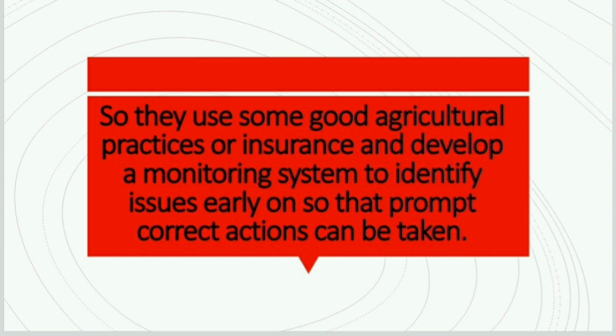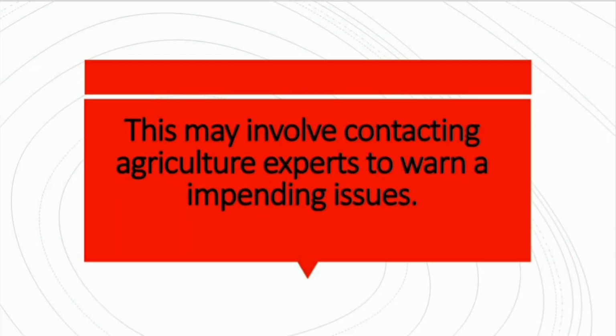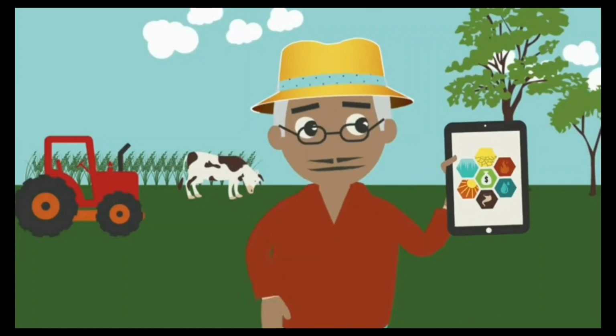So they use good agriculture practices or insurance and develop a monitoring system to identify issues early on so that prompt corrective action can be taken. This may involve contacting an agriculture expert to warn of impending issues.